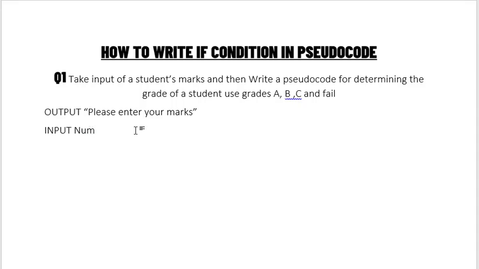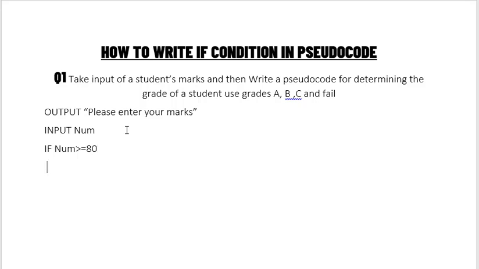Then we are going to move on and write the condition. We're going to write IF in capital letters. This IF will be in capital letters because it's the condition, and then Num, that is the variable, is greater than or equals to 80.